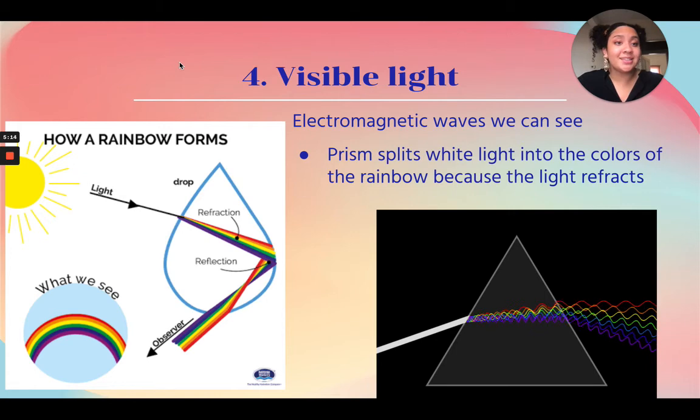You can also see this if you have a crystal hanging up and light comes through and creates a rainbow somewhere else. That's because of refraction. This is also how a rainbow forms. Light goes into those raindrops, refracting and bending from that water droplet, and then we see rainbows.